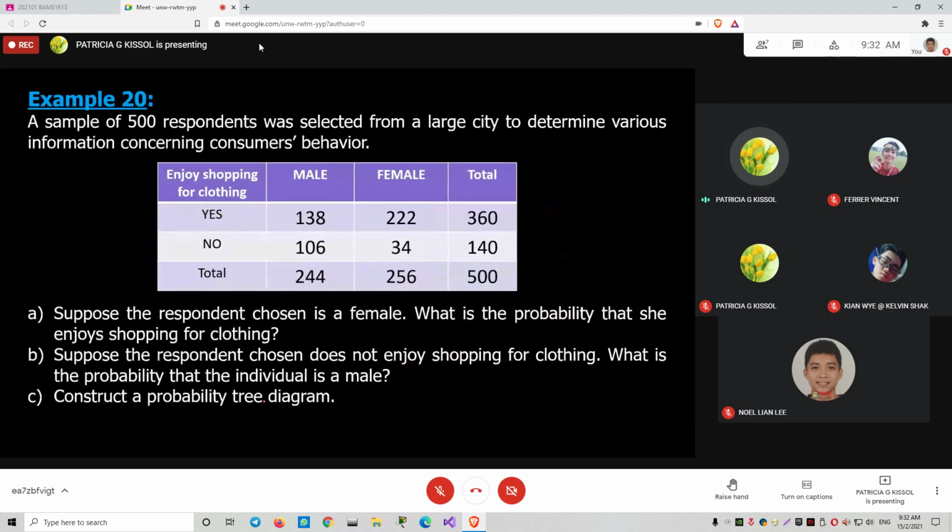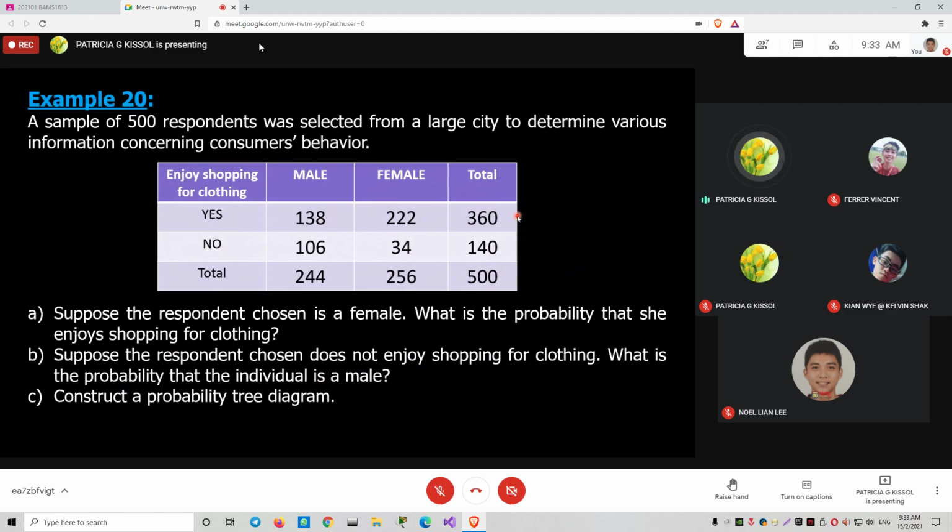Right, so I have another example here. As you can see, the total is already calculated. The most important is basically male, female, enjoy shopping or not. Yes means enjoy shopping, no means do not enjoy shopping, and we have male and female.